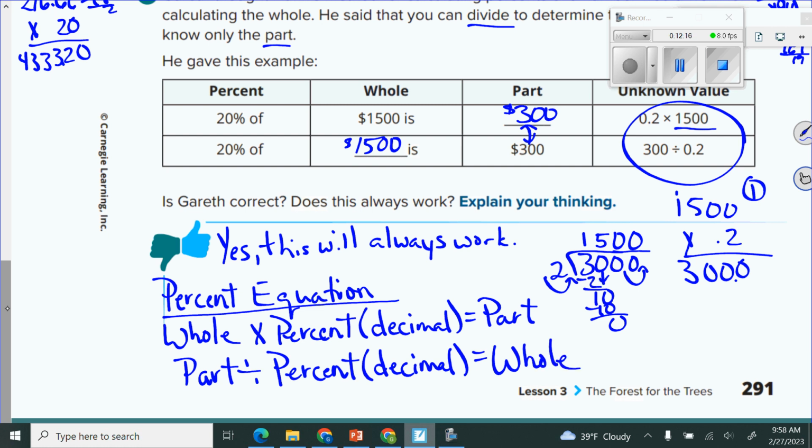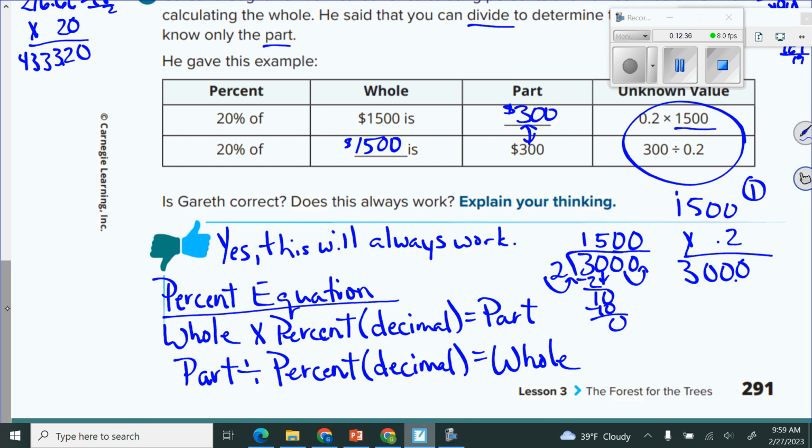Okay? Is everybody familiar with how we change the percent to a decimal? Yeah. Just move it to the left twice. Okay? Does the percent equation make sense for you?